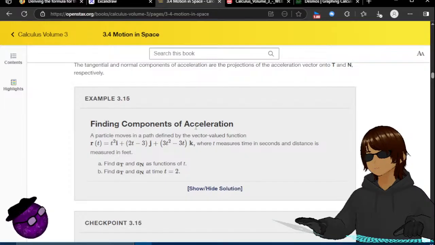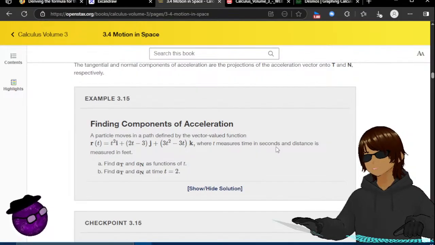Find components of acceleration. A particle moves in a path defined by the vector-valued function. Here t measures time in seconds and distance is measured in feet. Find a_T and a_N.